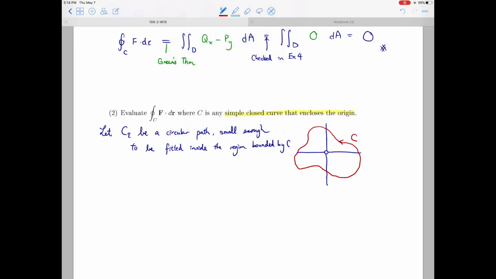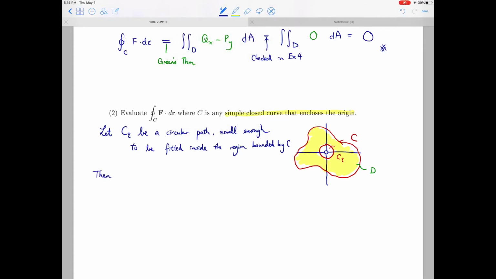That means that, okay, let me choose a circular path, a circle, small enough such that it fits into the region bounded by C. Okay, so it looks like this. And then these two curves, now I have two curves, C and C epsilon, they will bound a region. Let me call it D. Okay.